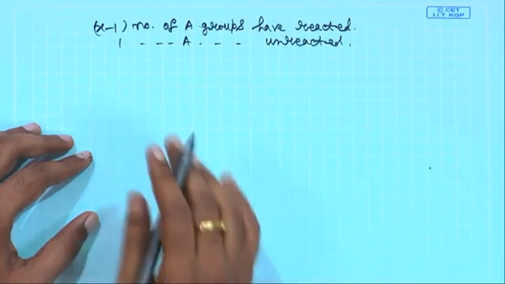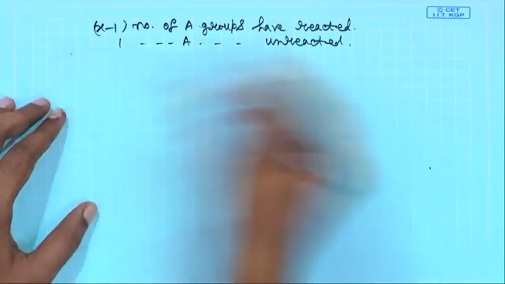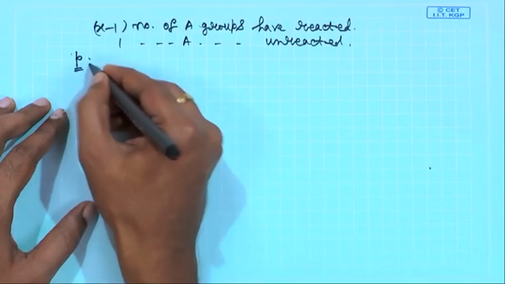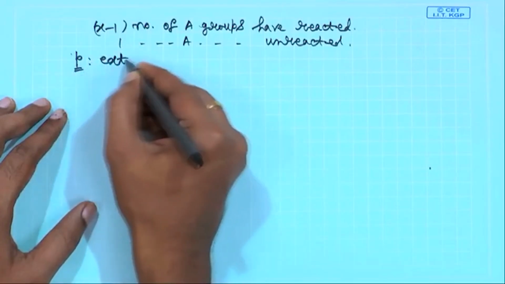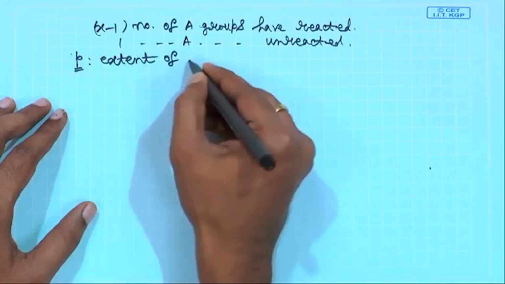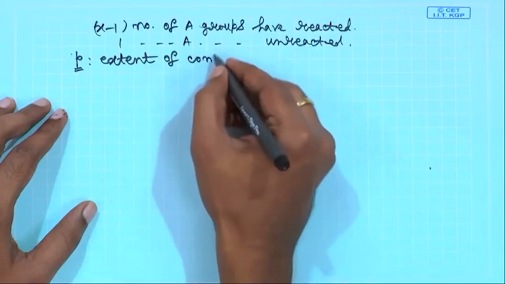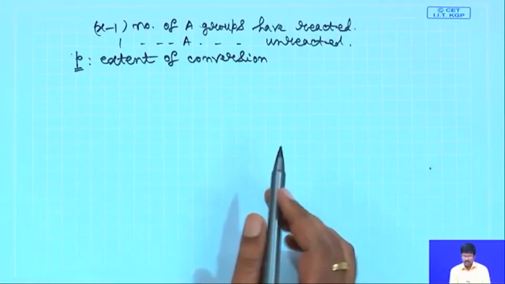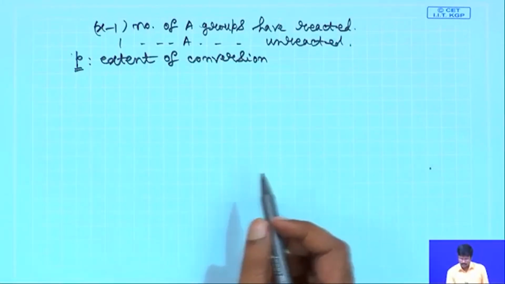So, what is the probability that 1 A group has reacted? Let us say P is the extent of conversion, in keeping with whatever we told before.